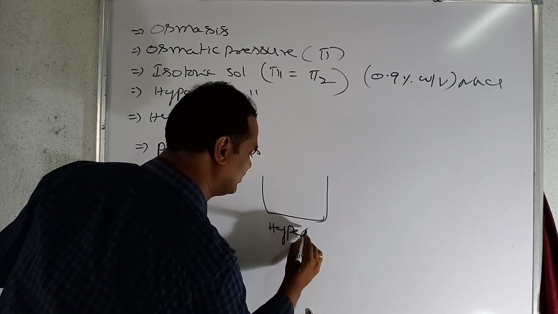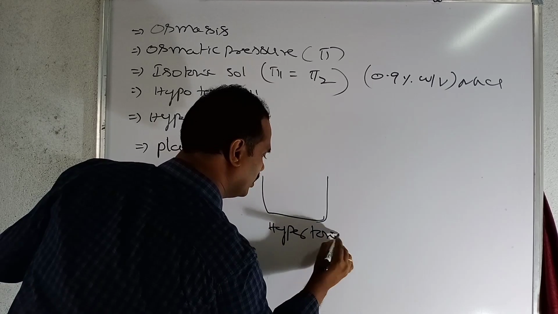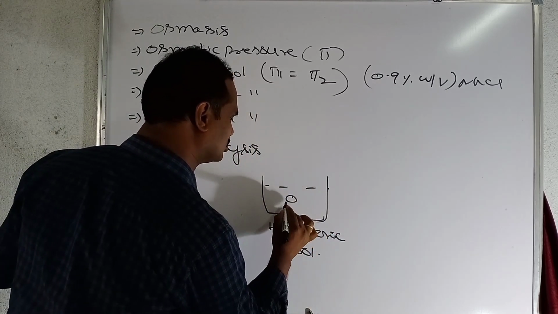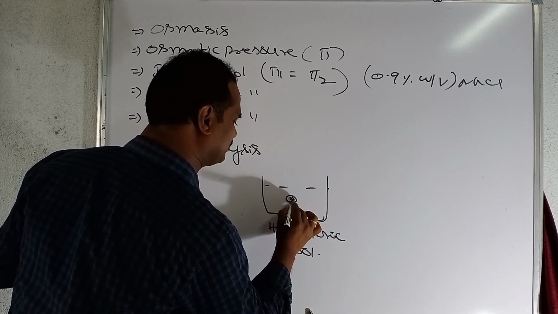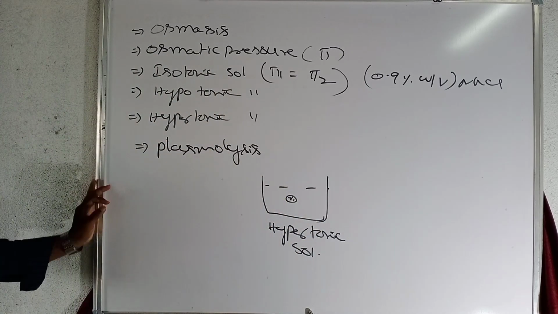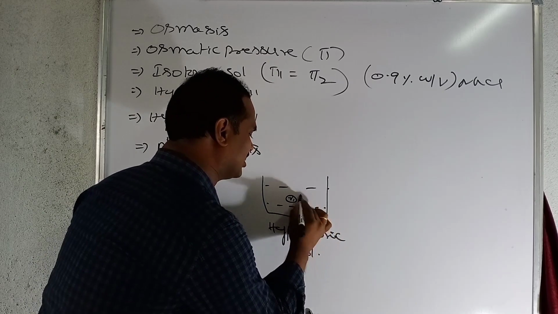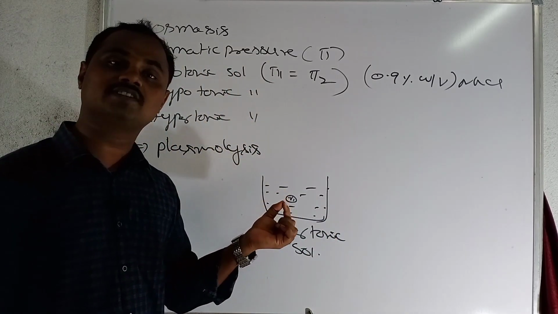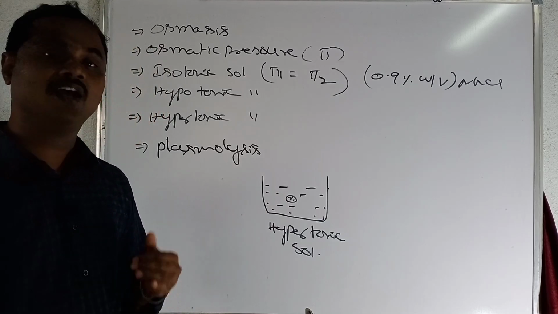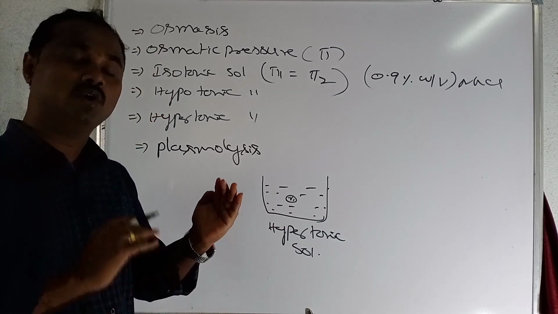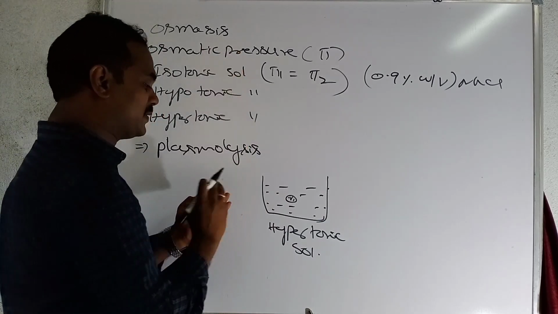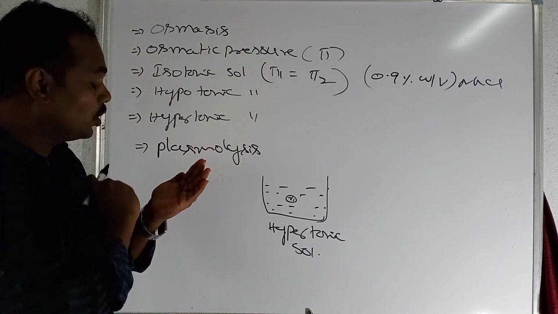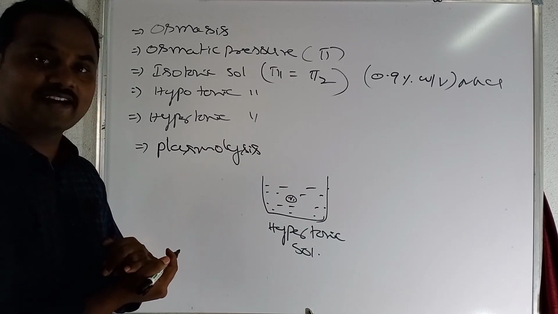Plasmolysis. Yes, a plant cell we are going to place in hypertonic solution. In hypertonic solution, when one plant cell is kept inside, what will happen? Solution concentration outside is higher. Inside the plant cell, concentration of fluid is less. So osmosis always takes place, solvent molecules move from low concentration region to high concentration.